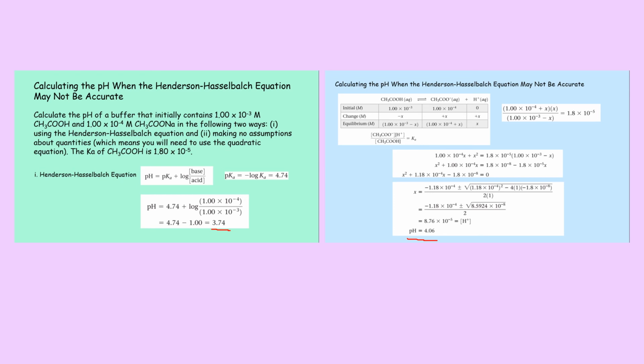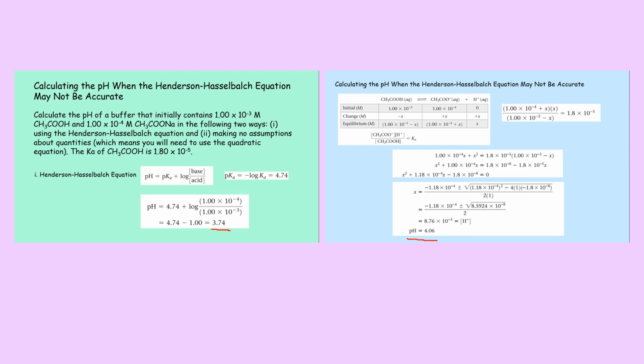Always remember that the simplifying assumption only works when the concentrations of the acid-base conjugate pair are both 1,000 times larger than Ka. Remember that our Ka is 1.8 times 10 raised to negative 5. However, in this sample, the acid-base conjugate pair concentrations are only 10 to 100 times as large as Ka.